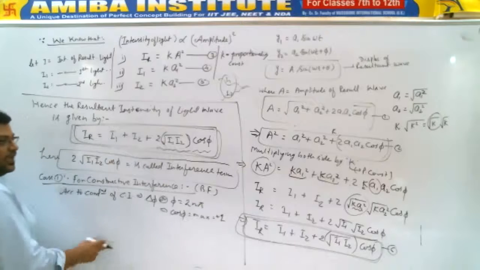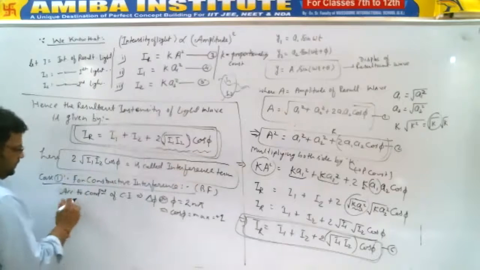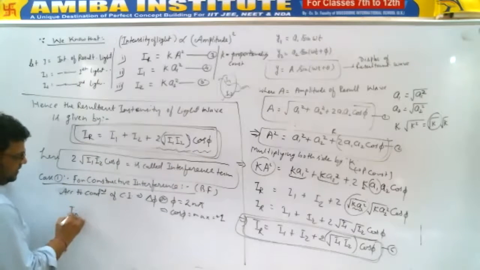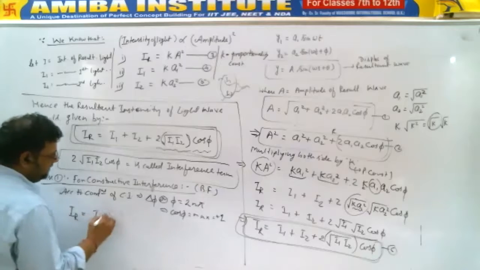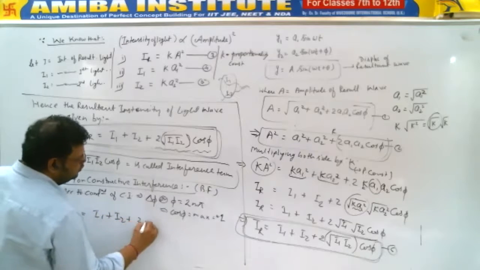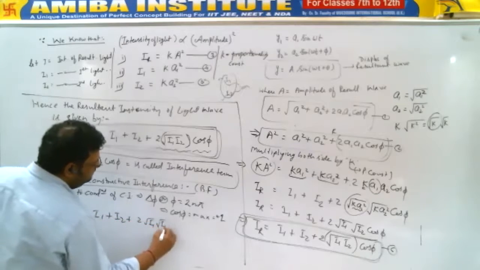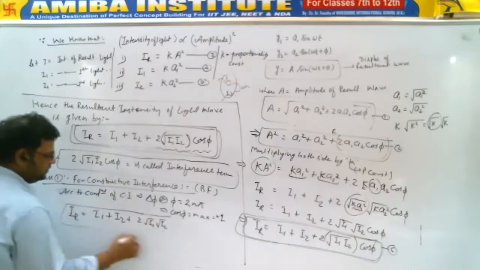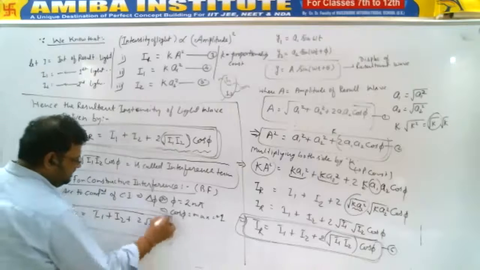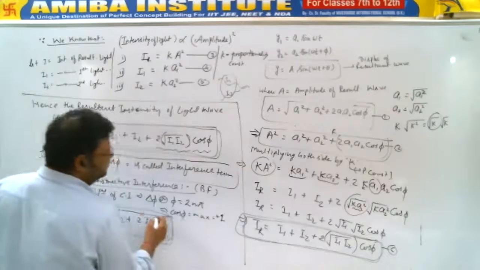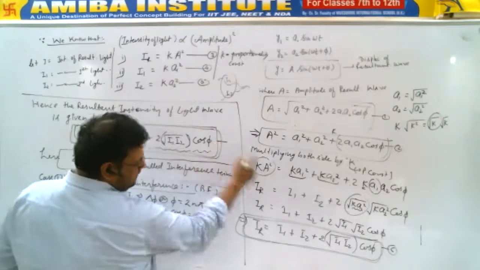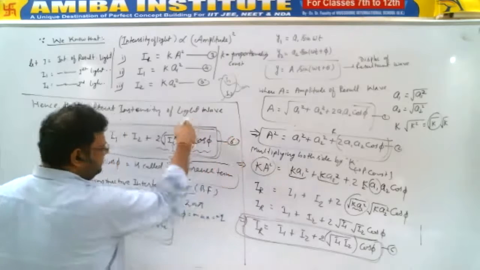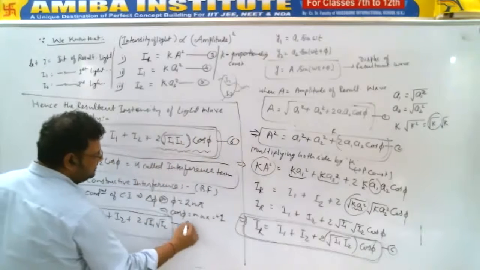After substituting this value, I get the resultant intensity of light I1 plus I2 plus 2 root I1 I2. Done. Or you can write I1 I2 directly inside the root. That will not make the difference. This was equation 6, the same equation I have written here. Equation 6, equation 7.